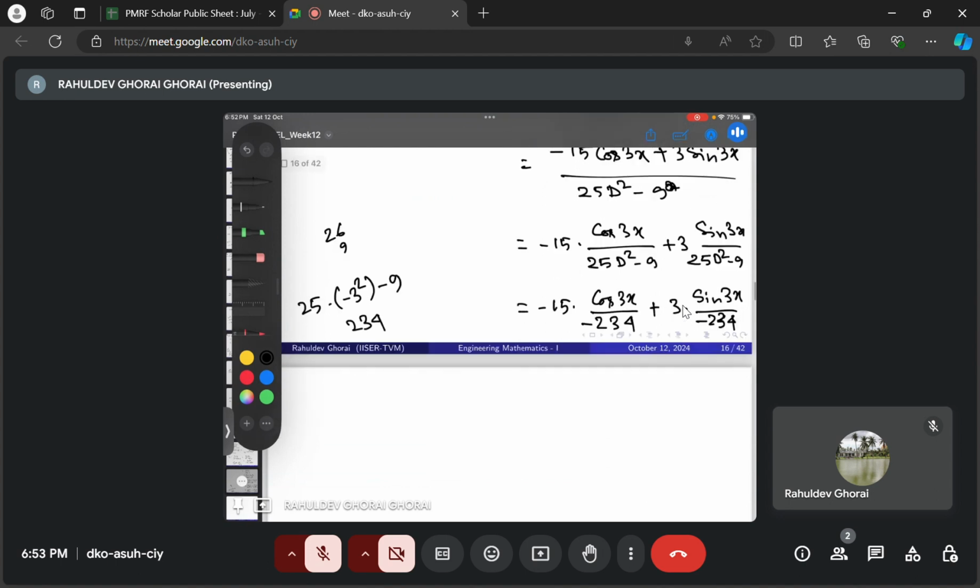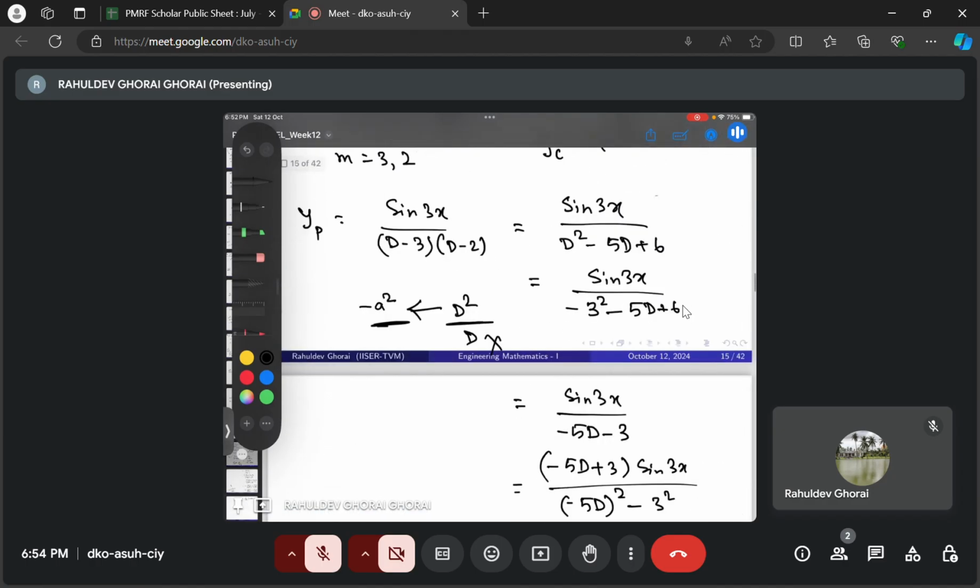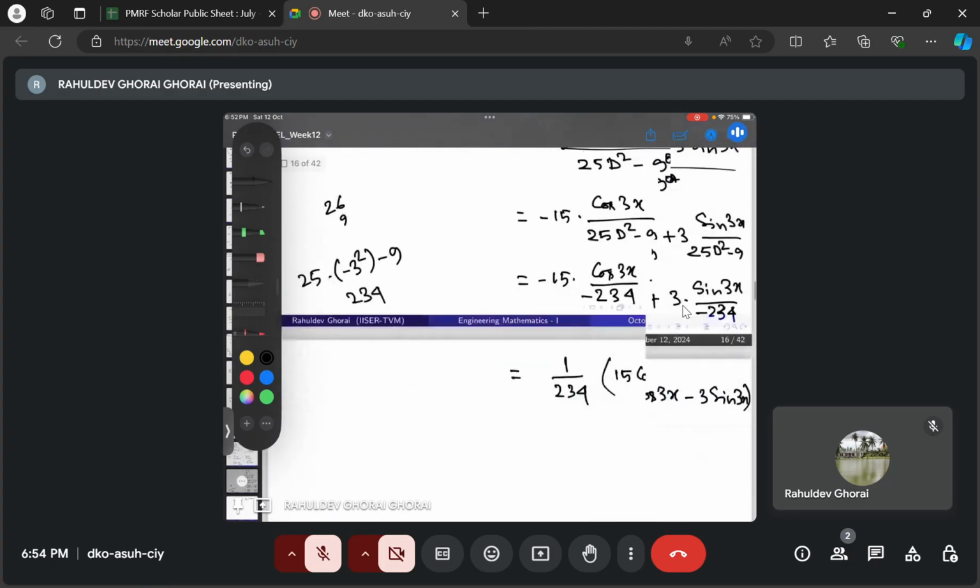Okay. The solution now you get 1 over 34 times 15 cos 3x minus 3 sin 3x. This is the particular integral.